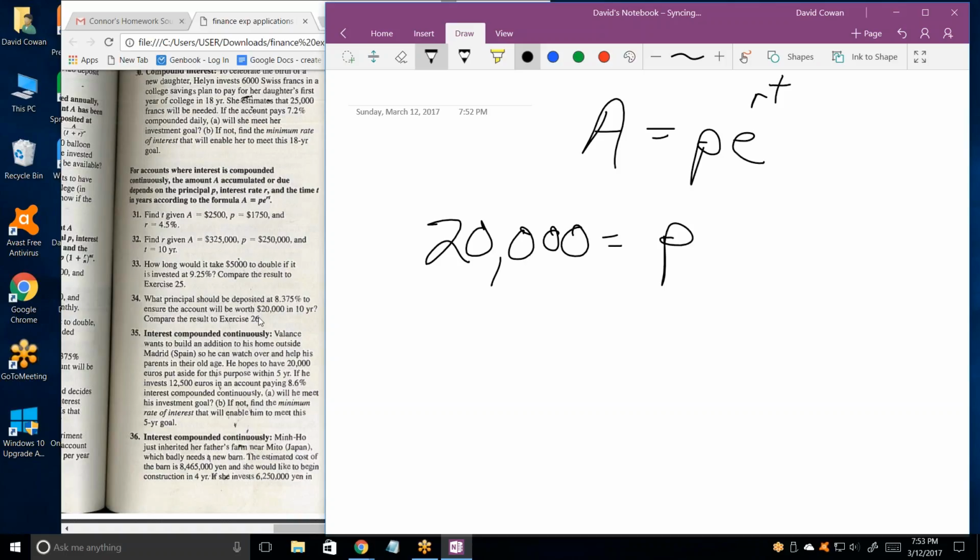E is not a variable, that's a number. Okay. R is what? 0.0375. In other words, your first step is just to move that decimal point 2 spots to the left. Got it. And T is 10 years.